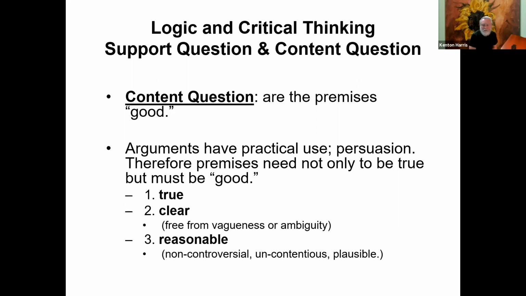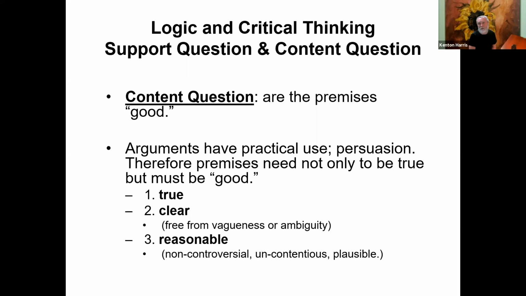Now, I'll have more to say about this in a moment, but the idea is this. If your premise is so vague and unclear that I don't know whether it's true or not, then maybe it is true in some sense, but you haven't communicated that to me, and I don't know whether I can believe your conclusion because I literally don't know what you're saying in your premise.